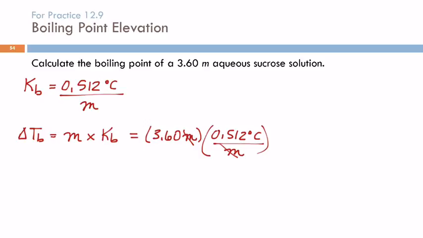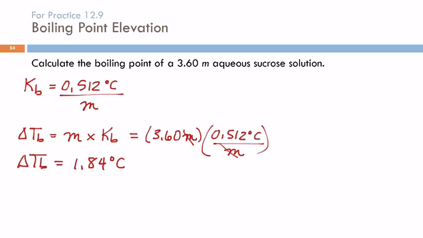So we get out the calculator. We get 1.84. So the change in the boiling point is 1.84 degrees Celsius.